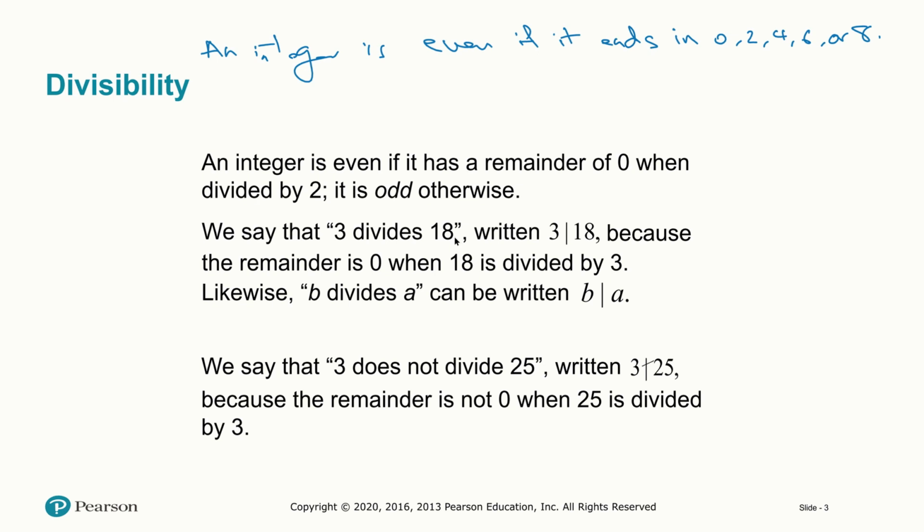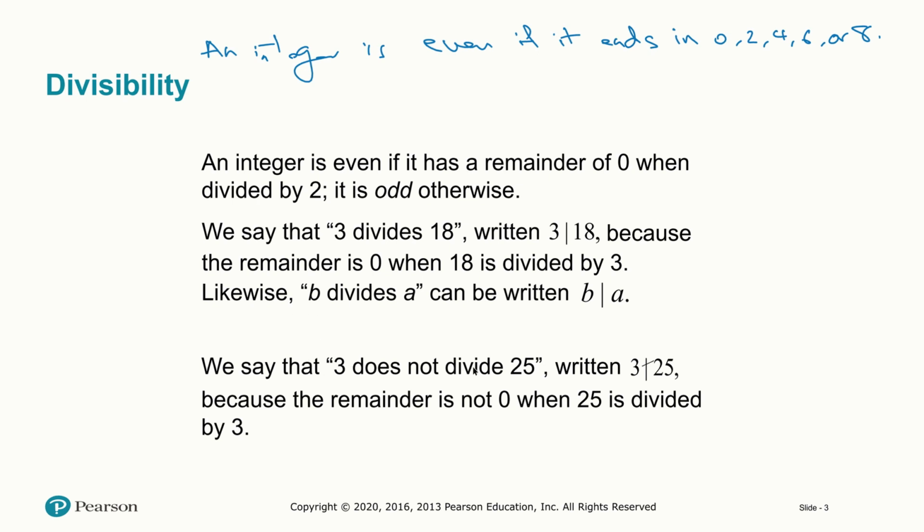In a similar manner, if we say B divides A, that means when you divide A by B, the remainder is 0. The way we write that symbolically is B, then a bar, then A. You read that as B divides A.